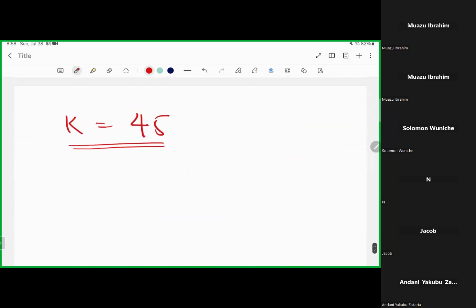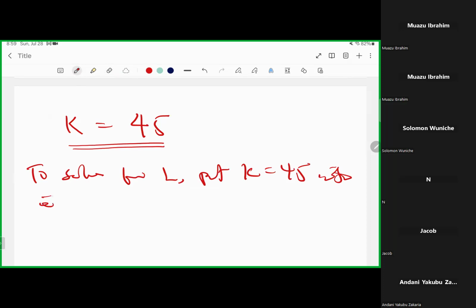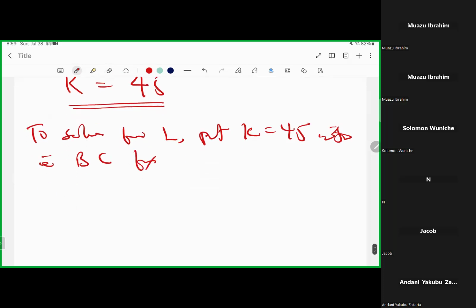So to solve for labor, we put K, which is given as 45, into the budget constraint function. And the budget constraint function is K plus 2L is equal to 105.